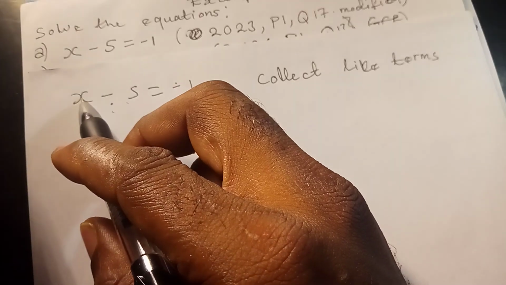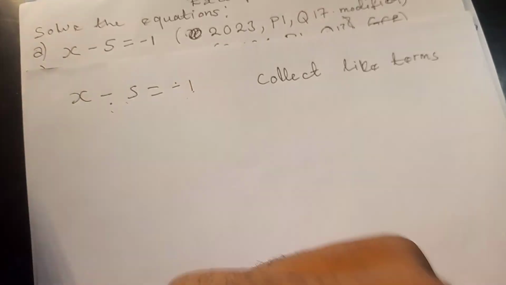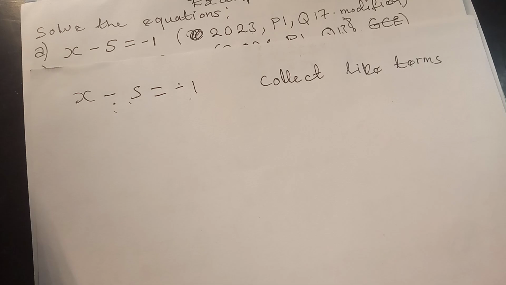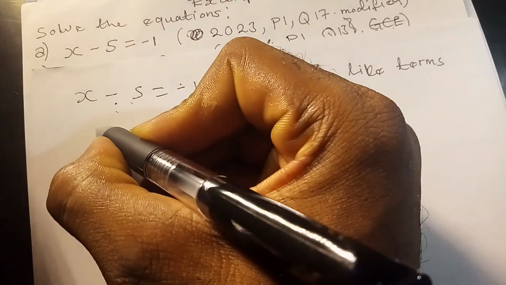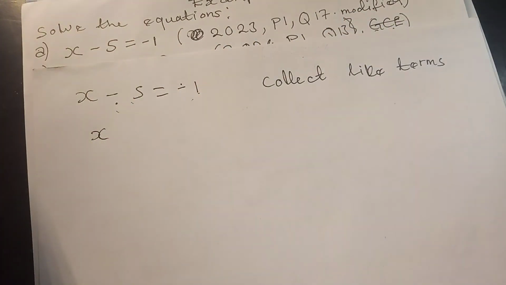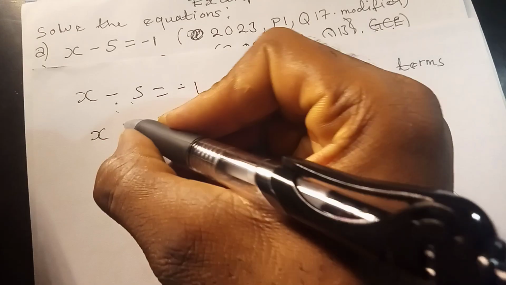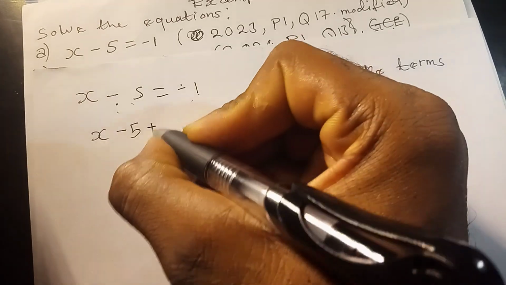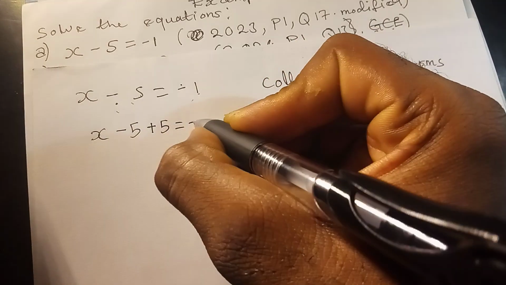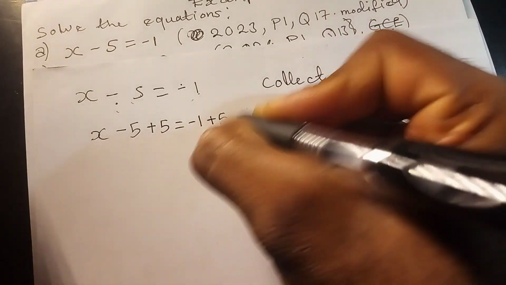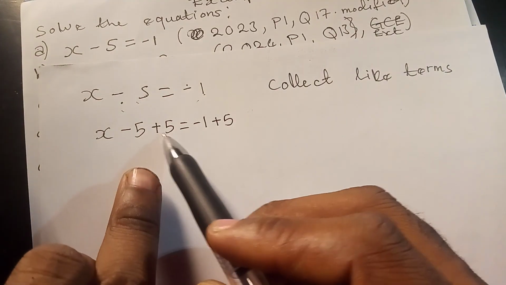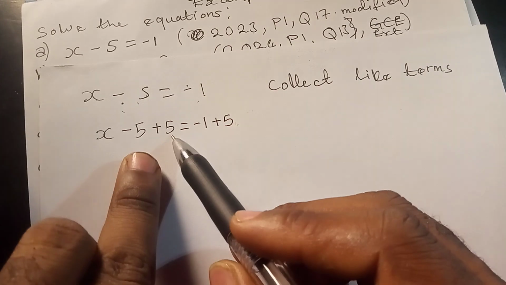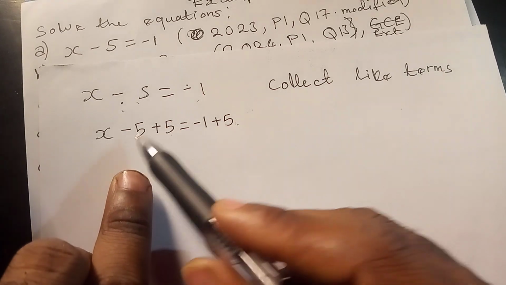But since we only have one x term, we can just leave it as it is. So I'll leave the x here, but then what normally happens here is to take this one to the other side, we add an additive inverse like this. You add a 5 to both sides, which will eliminate this.